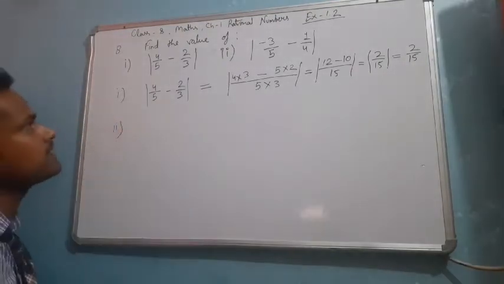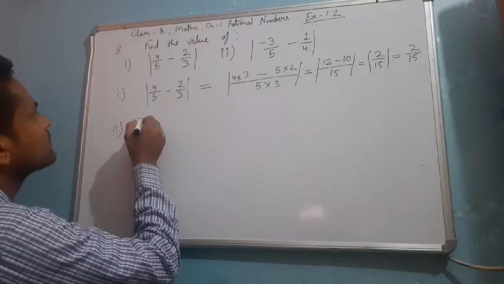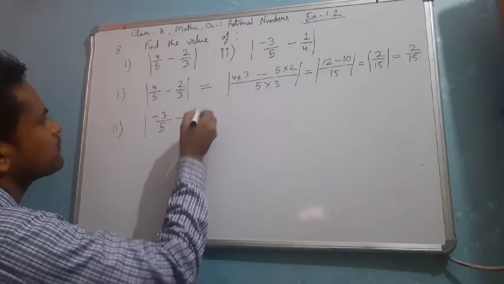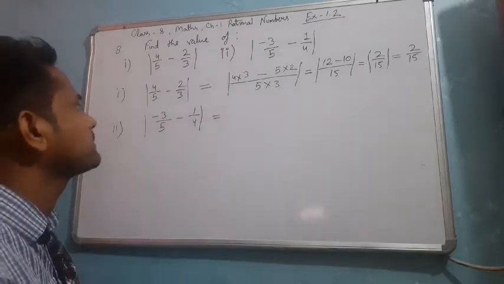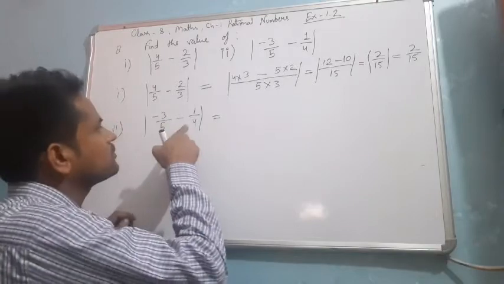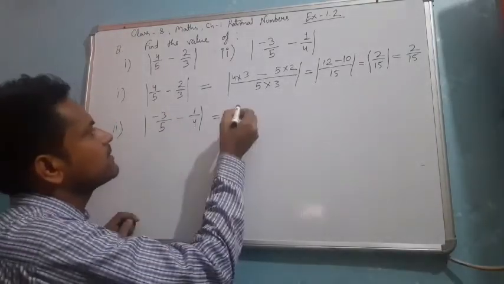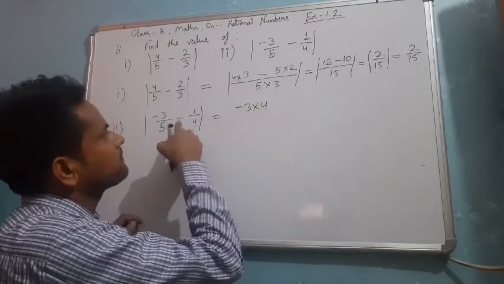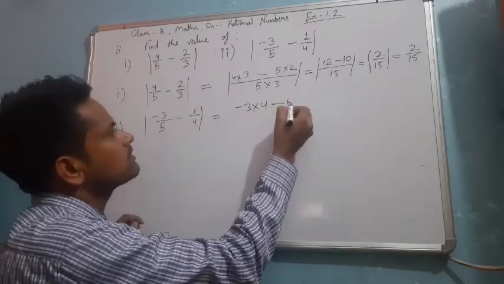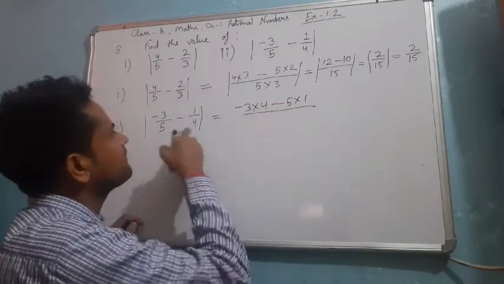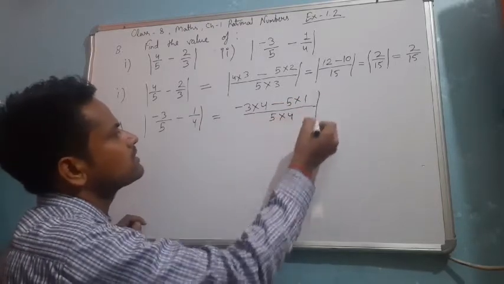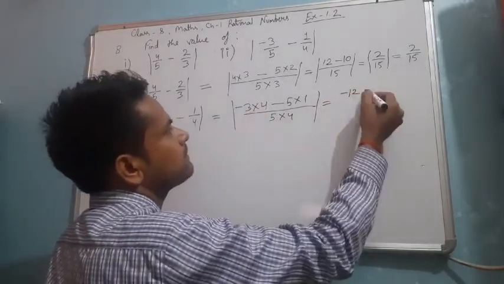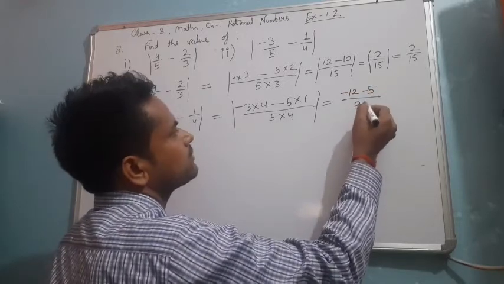Now the second part: mod of minus 3 by 5 minus 1 by 4. In the same way you have to simplify: minus 3 multiplied by 4 minus 5 into 1, whole upon 5 into 4, in mod. That will become minus 12 minus 5 upon 20 in mod.